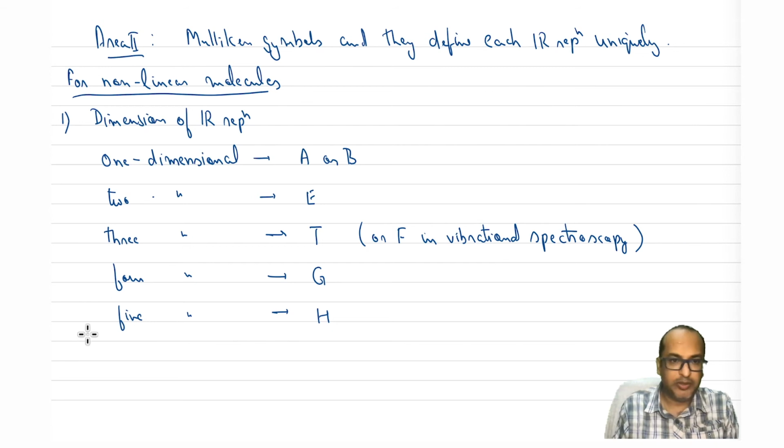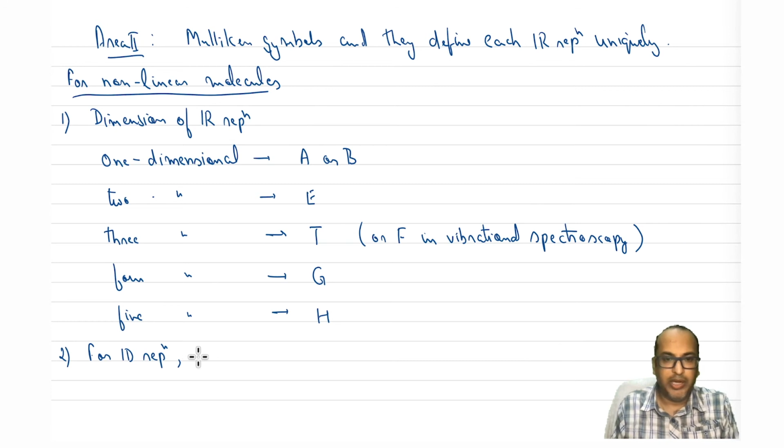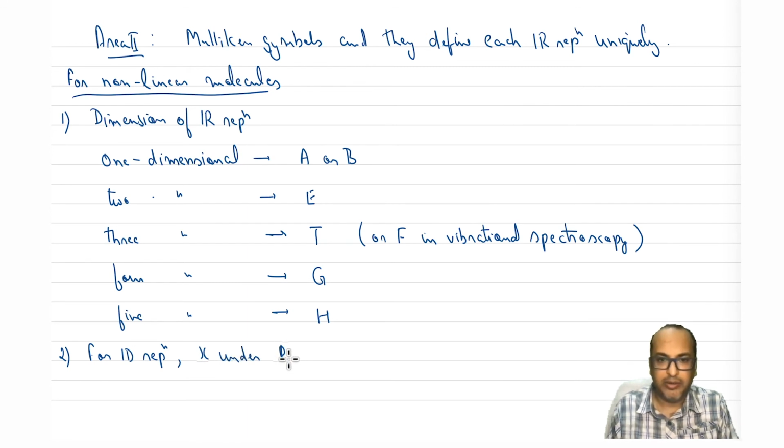Okay, so now between A and B. That is for 1D representations. Symmetry is defined by the character under the principal axis.